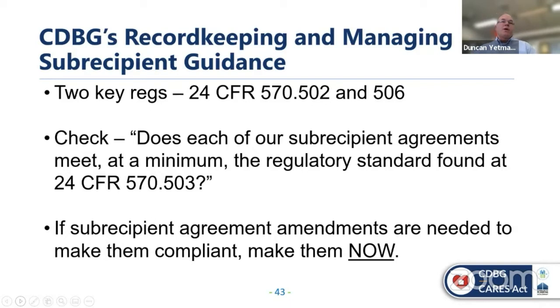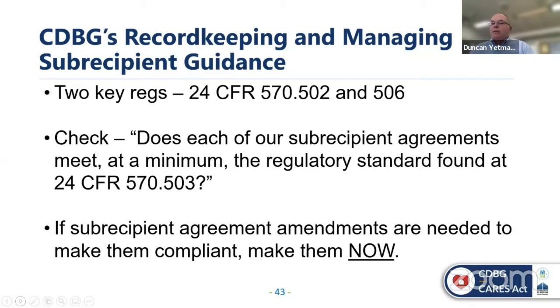So CDBG's record keeping and managing subrecipient guidance also is very useful to have. Reference our two key regs, 24 CFR 570.502 on uniform guidance and 570.506 on record keeping.